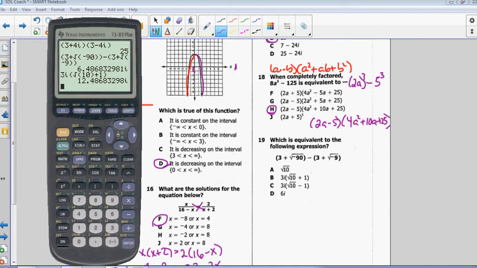It's not the same number, so it should be the one after it. If I do second enter, I can go back to the last thing I typed and just change my plus to a minus. And that's the same answer. So it should be answer C. Those two match.